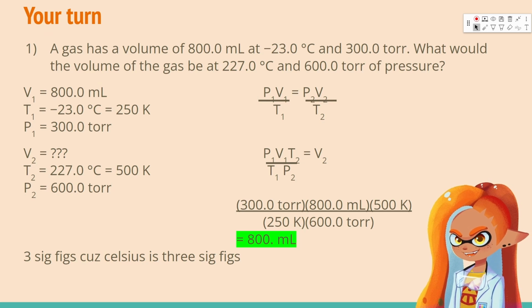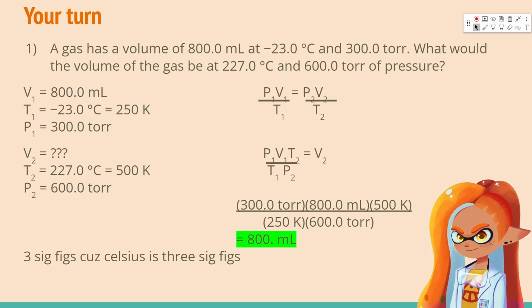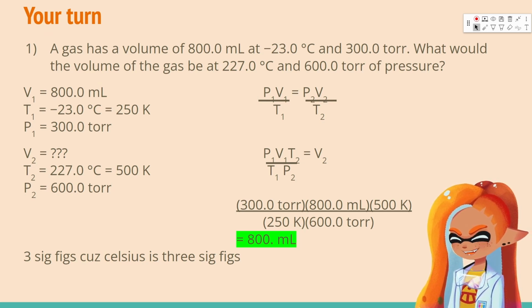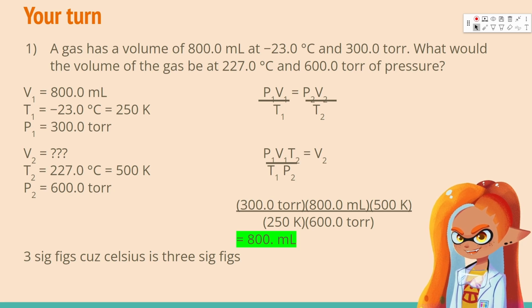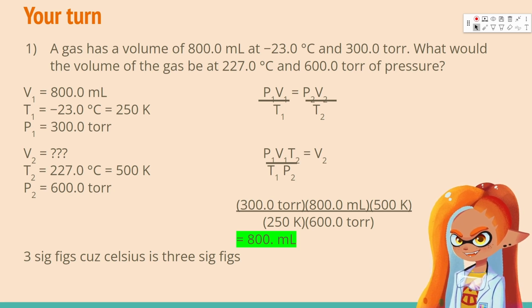Okay. So I organized my information on the left. I put all the information there. I made sure to convert all my temperatures into Kelvin, and I'm solving for V2. I took the original combined gas law and then I reorganized it, so I'm solving for V2. That means I multiplied both sides by T2 and I divided both sides by P2.